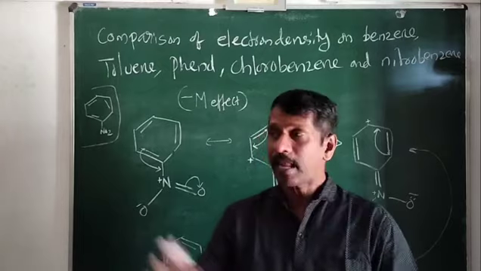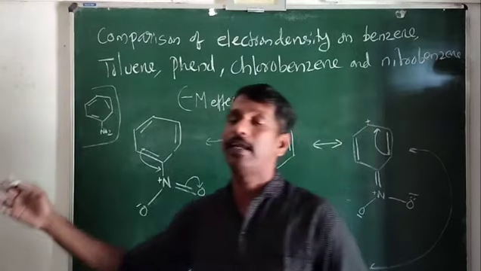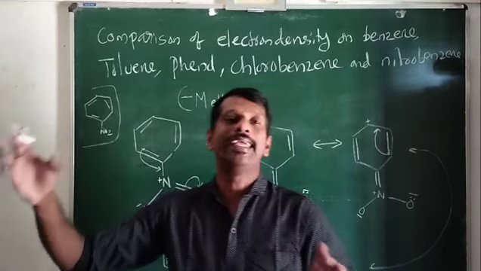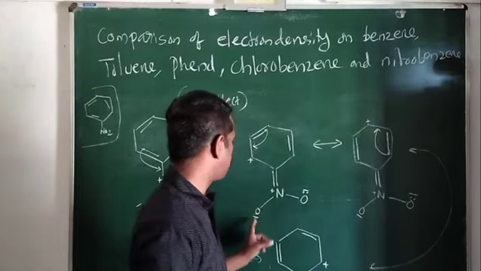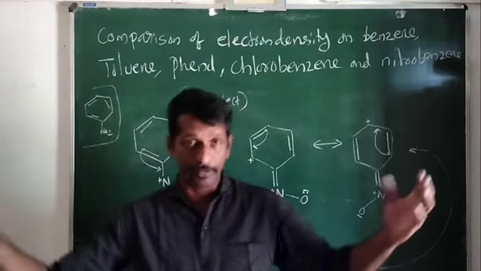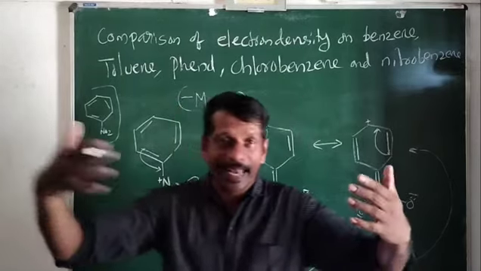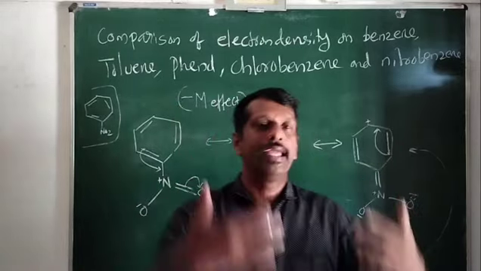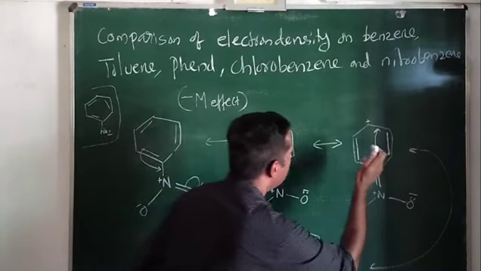Therefore, the incoming electrophile, again keep it in mind, the electrophile is having a positive charge. The incoming electrophile cannot attack at the ortho and para positions, because ortho and para positions are also positively charged. Therefore, there will be repulsion between this position and the incoming electrophile. Therefore, in nitrobenzene, the incoming electrophile will attack at the meta position.